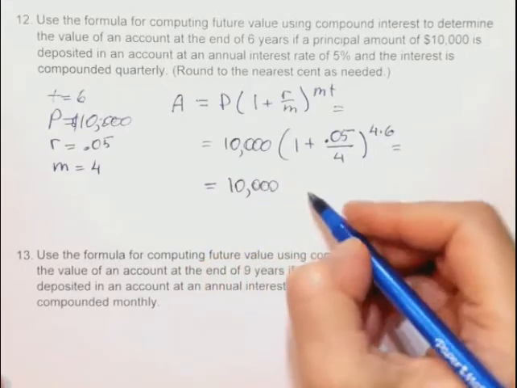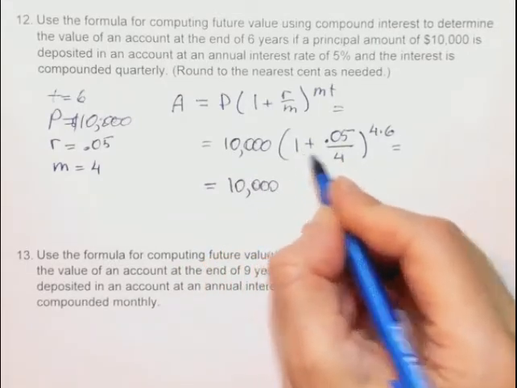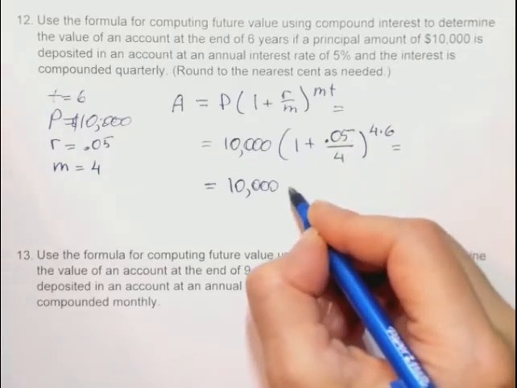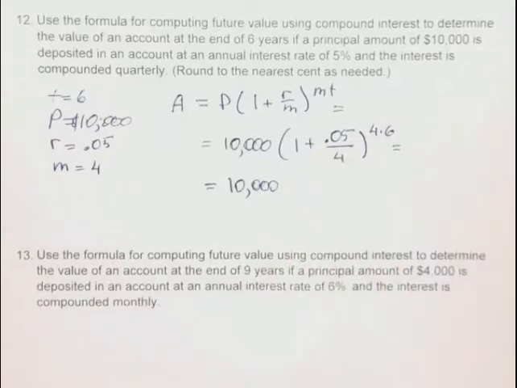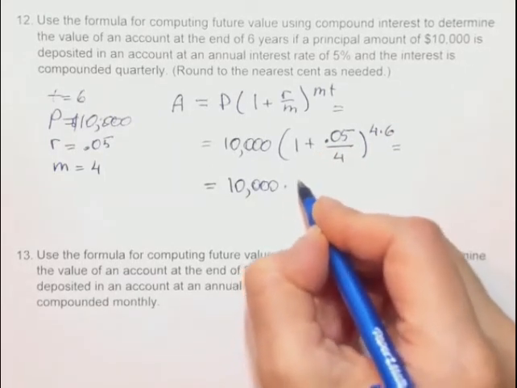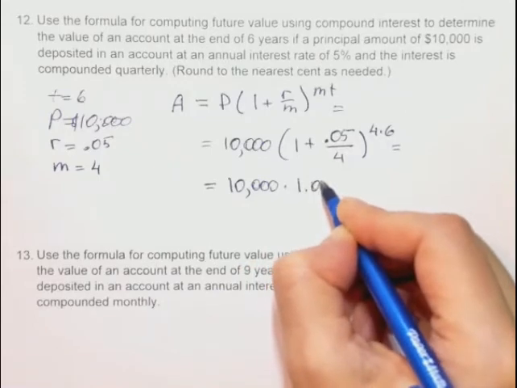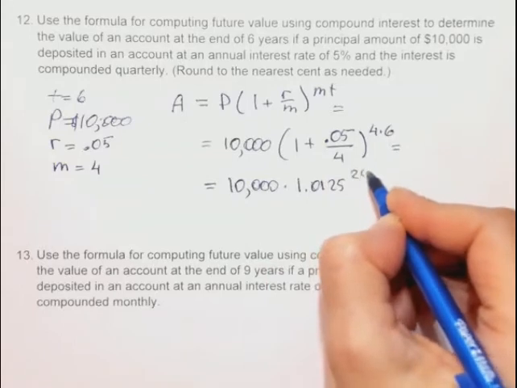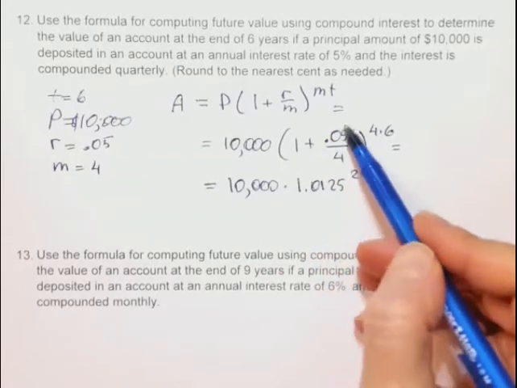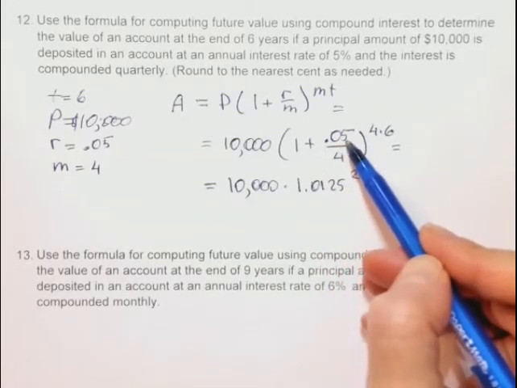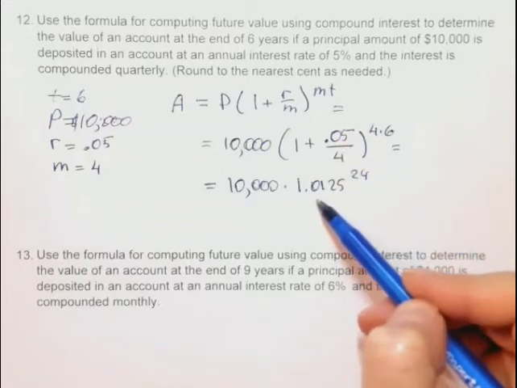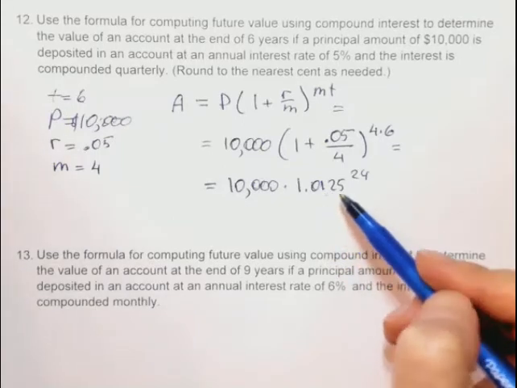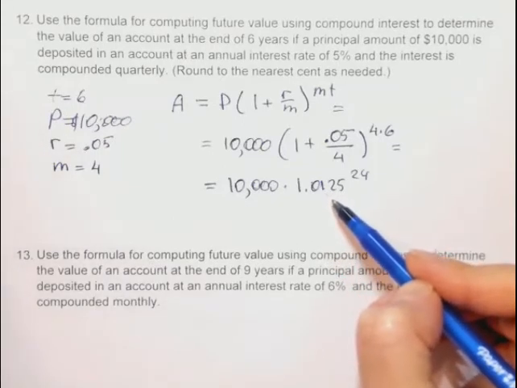So we have 10,000 multiplied by, we need a calculator here, 1.0125 raised to the power 4 times 6, 24. So be careful here. This time 0.05 over 4 is an exact number, 0.0125.